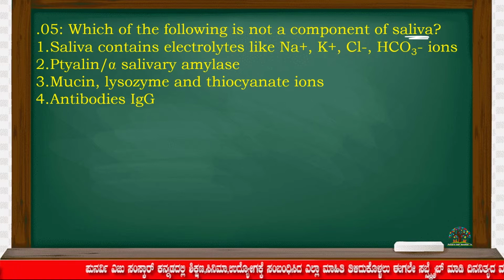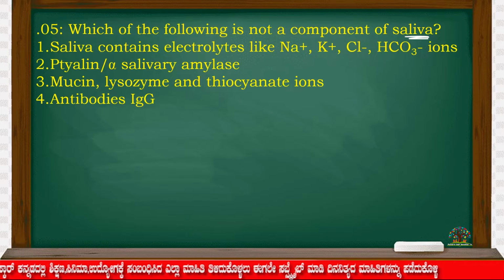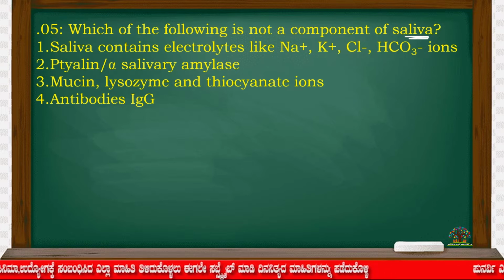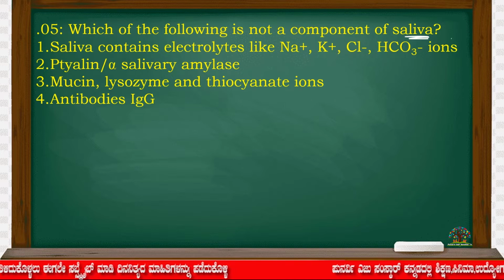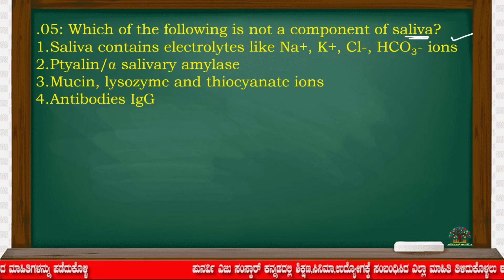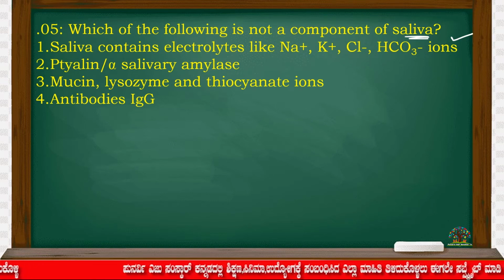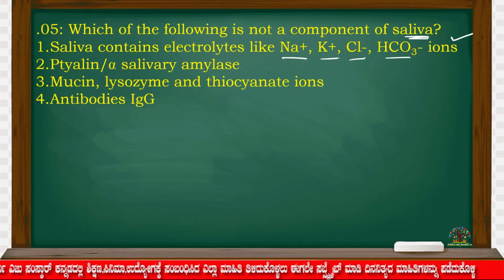Saliva basically contains some electrolytes, due to which saliva varies slightly in pH with respect to water. The presence of ions in saliva is mandatory, and the first option, which says saliva contains certain electrolytes like sodium, potassium, chlorine and bicarbonate ions, is absolutely correct.